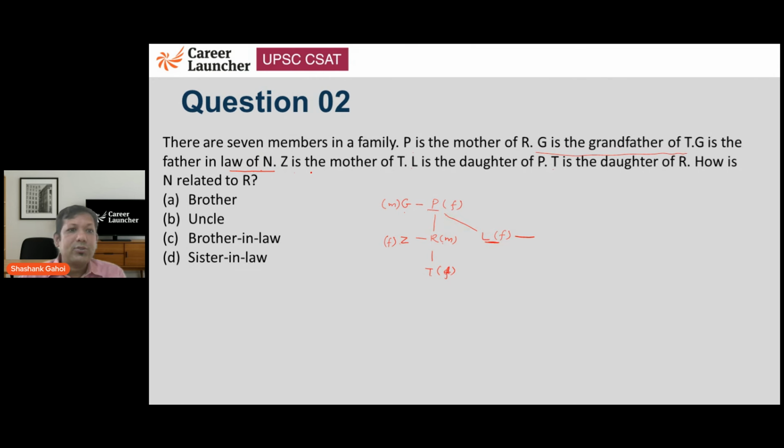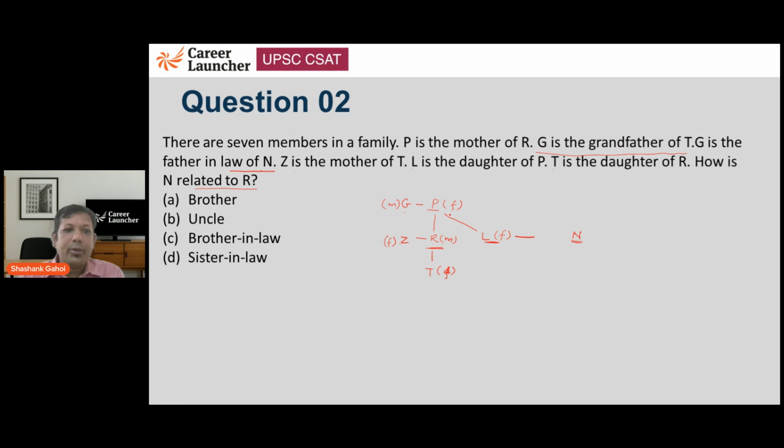Now this question asks, how is N related to R? Basically N is going to be the husband or wife of some child of P and G. सो आर जो होगा वो एन से कैसे रिलेटेड होगा? So R is going to be the brother-in-law of N, meaning N can be the husband of L or something like this. सो ये दोनों आपस में क्या होंगे?